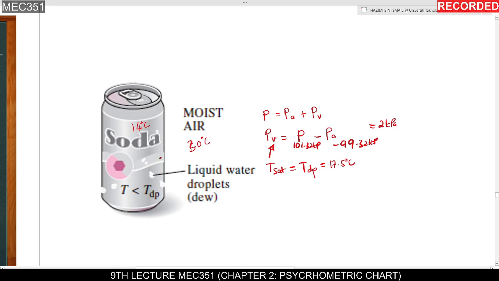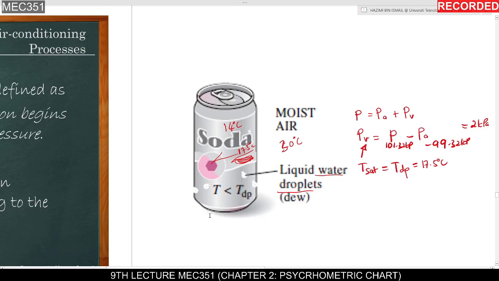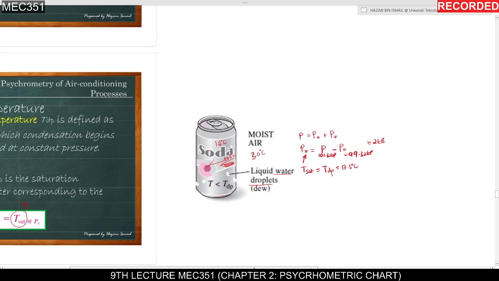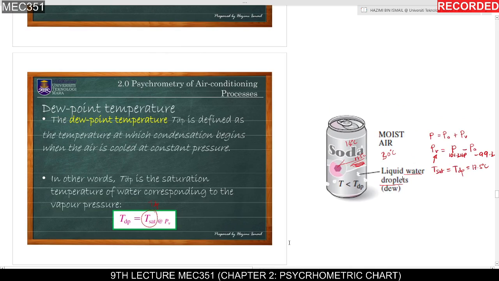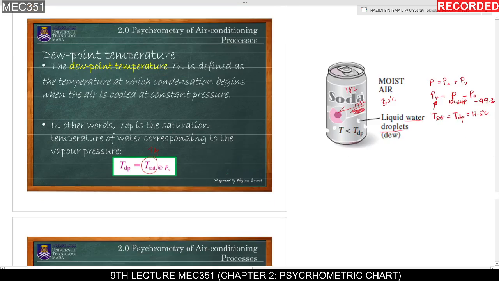So the air around the surface of the can, maybe when it reaches 70.5 degrees, the water vapor will be condensed and converted into water droplets. That is how we explain the dew droplets that happen during the morning. That's why we call it morning dew, right? So that's all about the dew point in our class today.